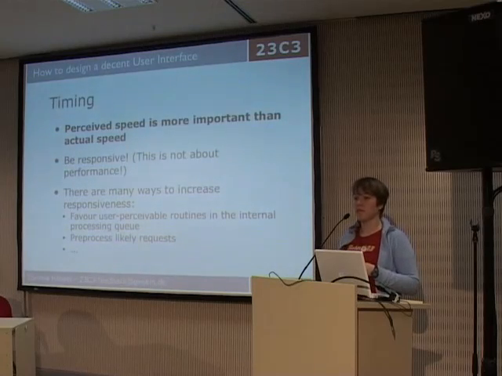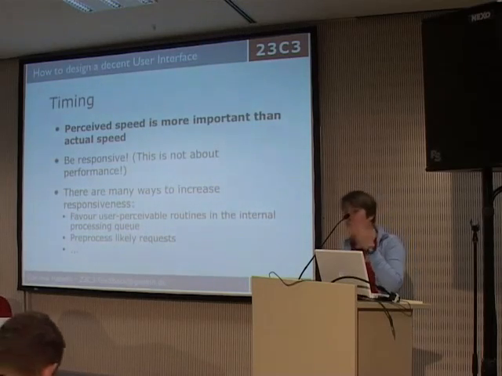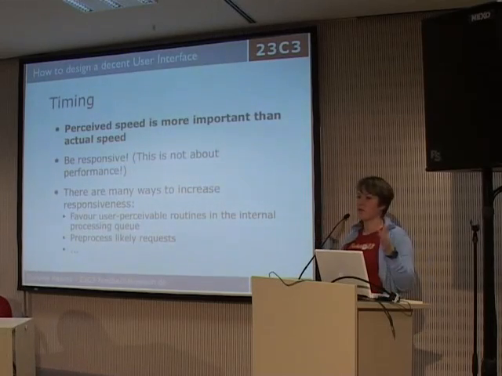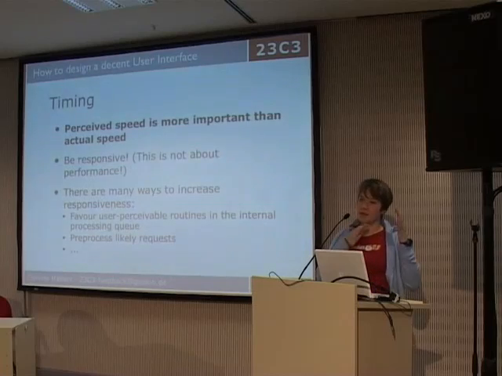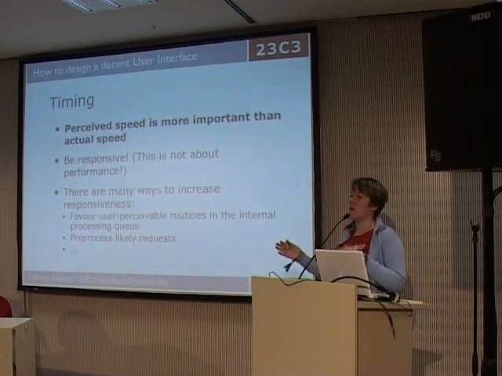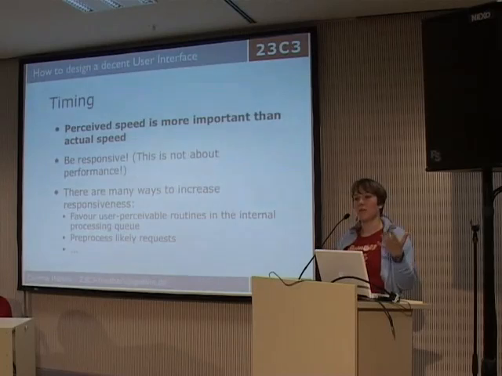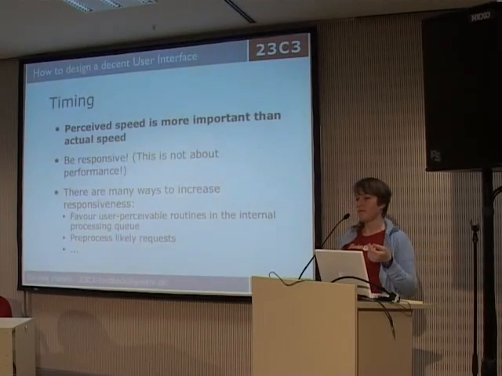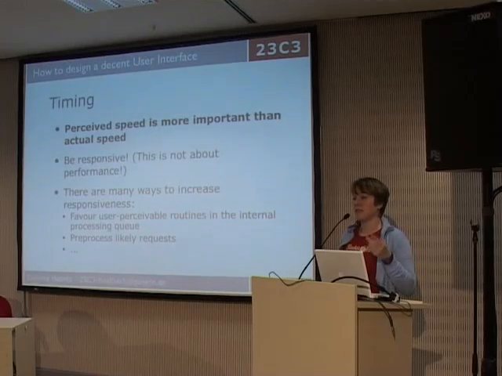There are some ways to increase performance, responsiveness. For example, if you queue processing internally, then prefer those processes that will be visible as output to the user as a change. If you, for example, do a text editor, then the most important thing is to show all the characters.